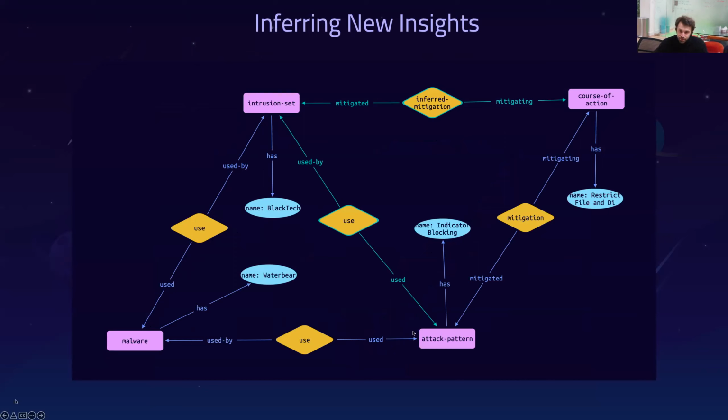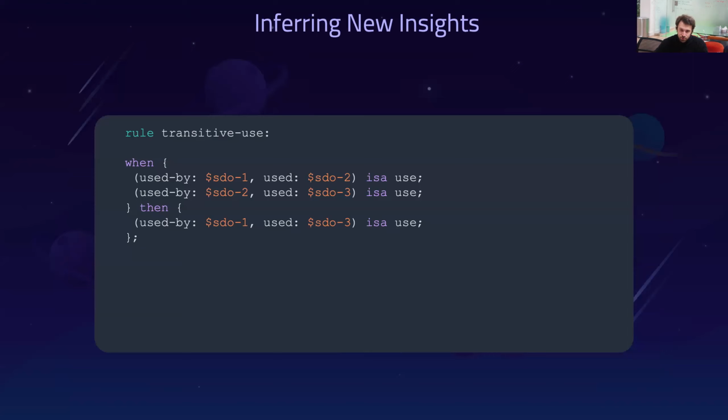That's an example of a transitive relation, a transitive usage relation, which again we represent in a rule in TypeDB like so, where we say that if one SDO is using another SDO, and if that SDO is using another SDO, then the first SDO is using that other SDO. It's a very simple rule, but we're able to create transitive inferences this way in a very easy, maintainable and expressive way.